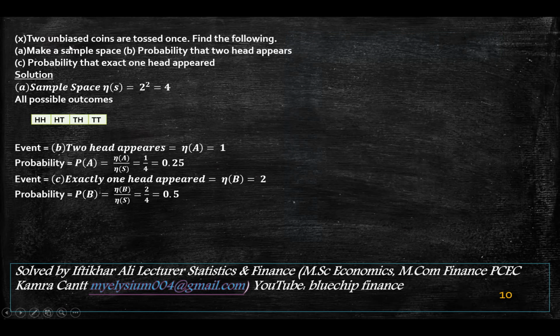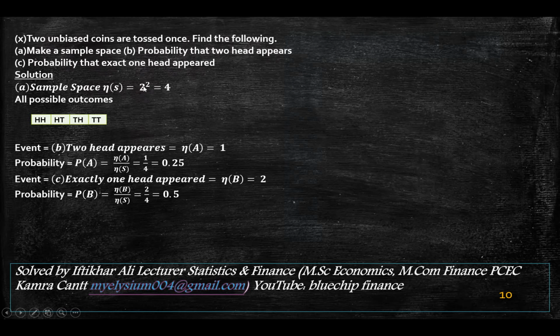Question number 10: two unbiased coins are tossed once. Find the following. Number 1, make a sample space. B, probability that two heads appear. C, probability that exactly one head appears. First of all, we are going to make the sample space. Sample space is N raised to the power n, uppercase N raised to the power lowercase n.